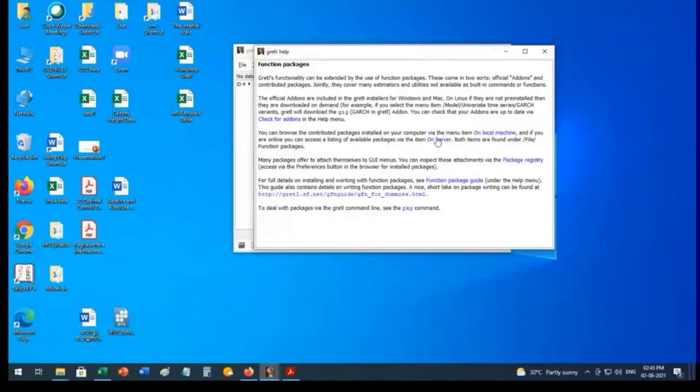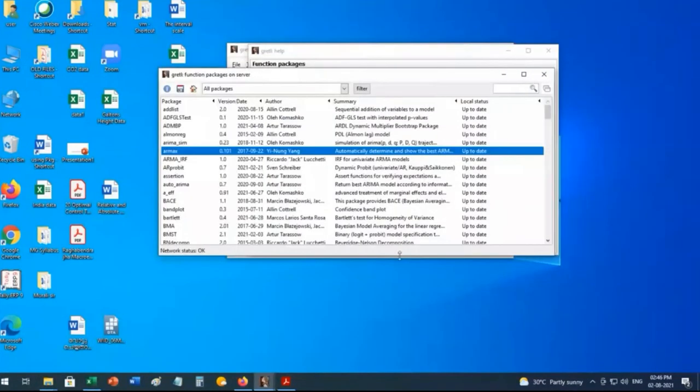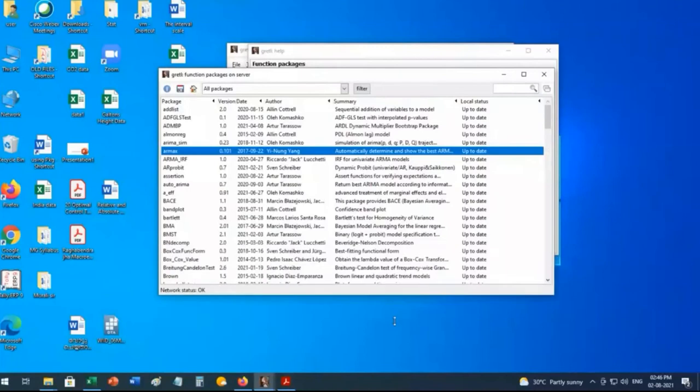For example, this one, server. Click this one, server. You should have an internet connection, then only it will work. So click this one, server, and you will get a large number of new programs being added.